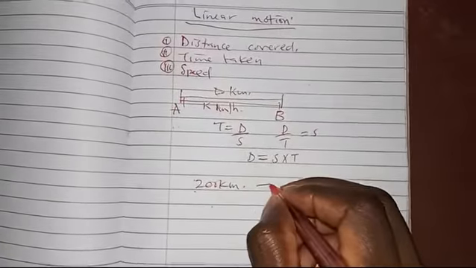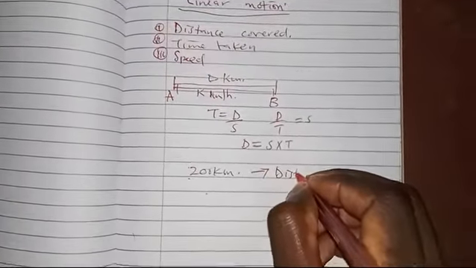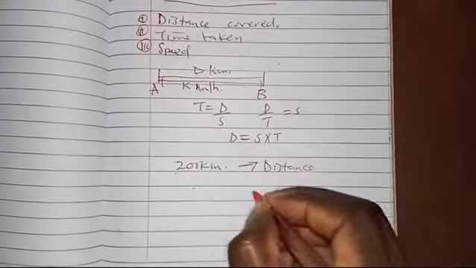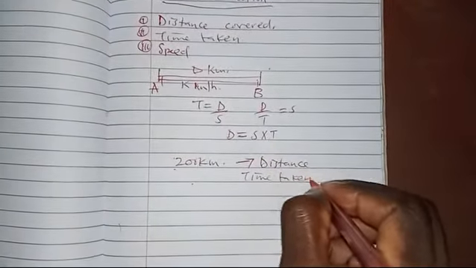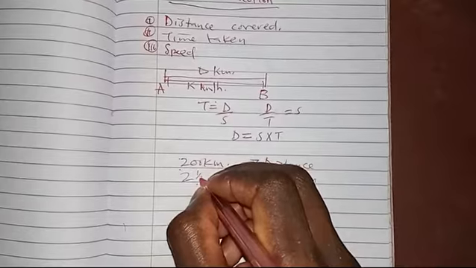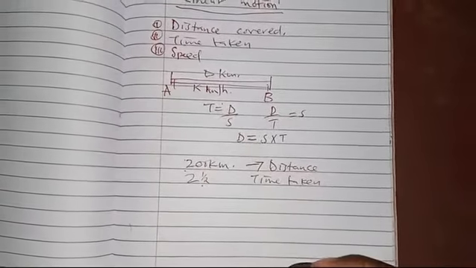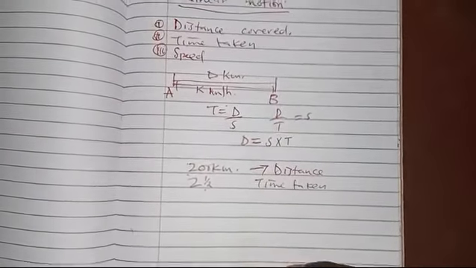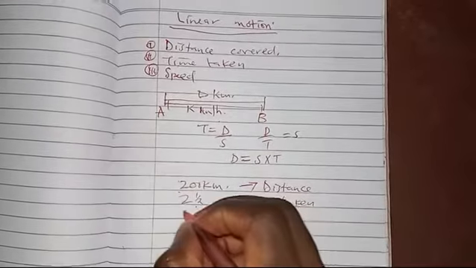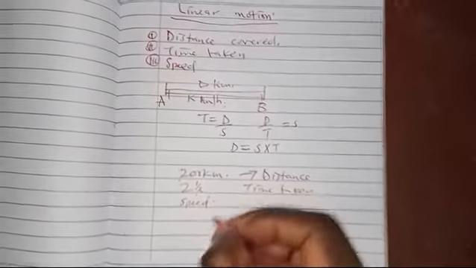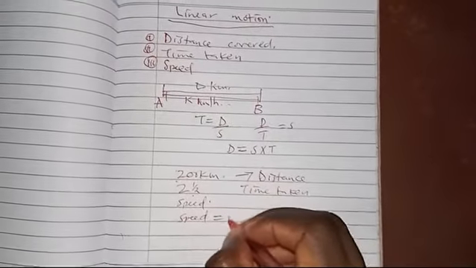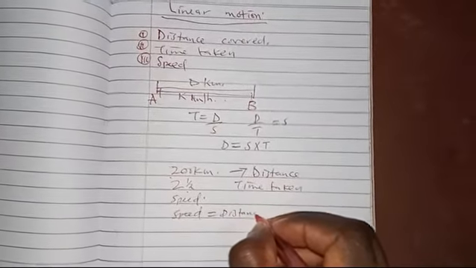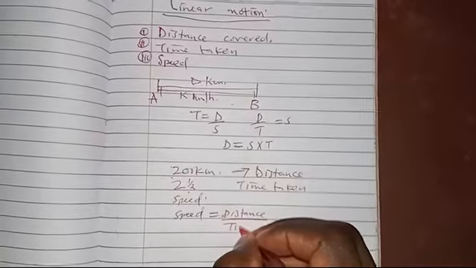So this will be your distance, and the time taken was 2 hours and 30 minutes, which means it's 2.5 hours. You may be asked what was the speed. So speed is given by distance divided by time.